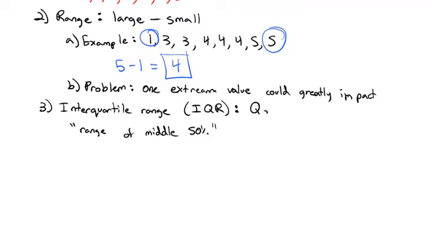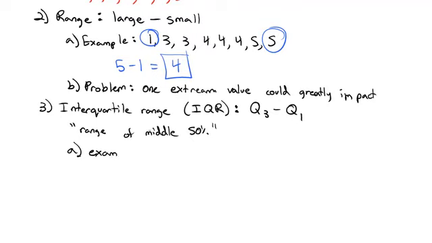What we'll do is we'll take the Q3 and subtract the Q1 value. Subtract the quartiles, and we see the range of the middle 50%, or how spread out the middle 50% is. And then we're no longer going to be impacted by an extreme outlier that's way too big or way too small for the rest of the data.